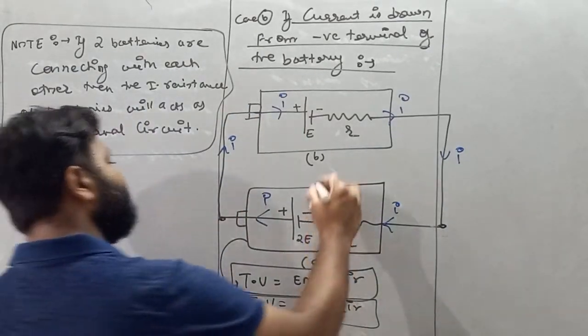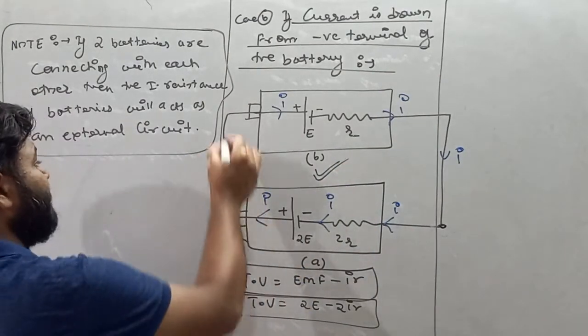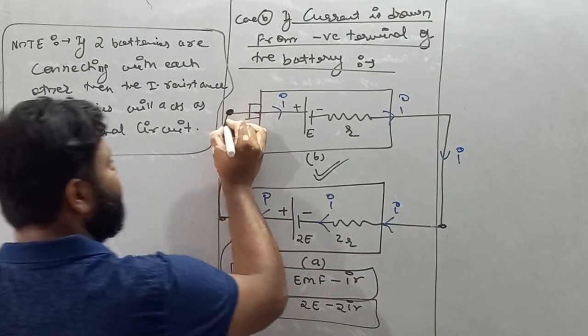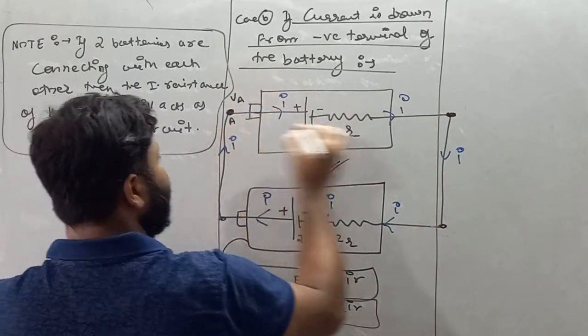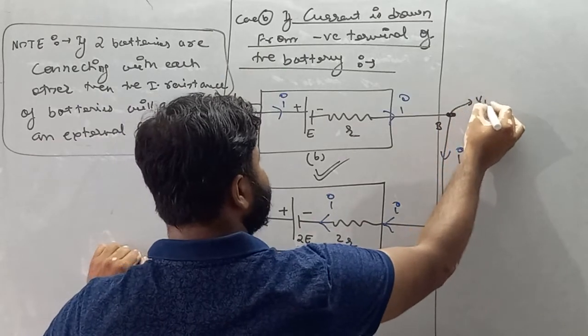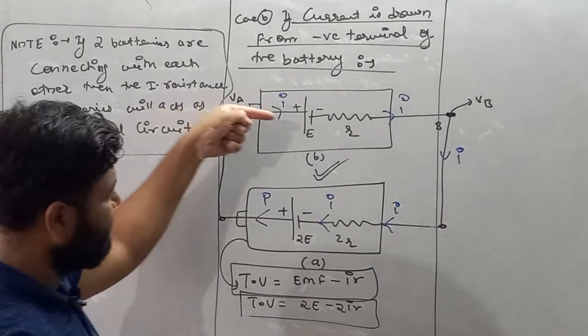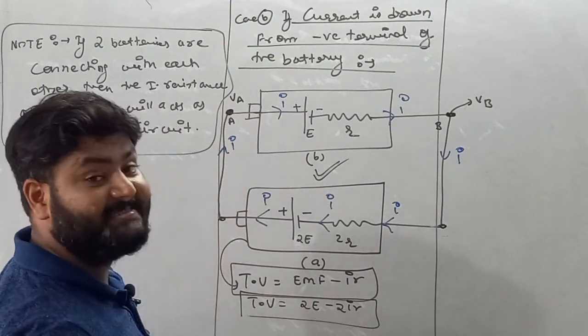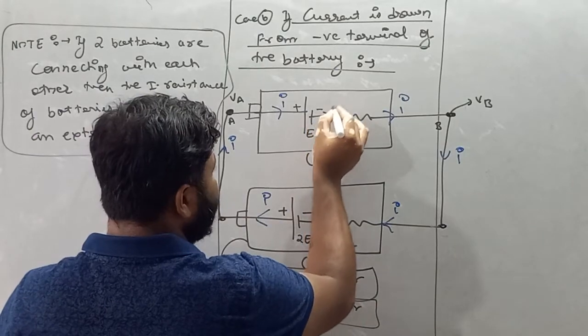But see battery B, this is new for us. This is the case we want to discuss. Let's suppose this is point A and this is point B, the potential of B is VB and the potential of A is VA. Now see, my dear student, in this situation current is going towards the positive terminal and comes out from the negative terminal.